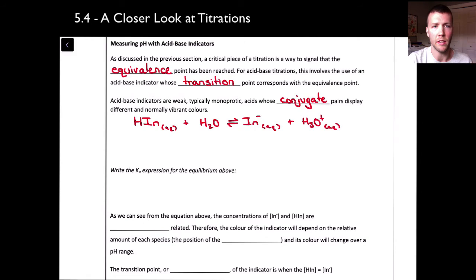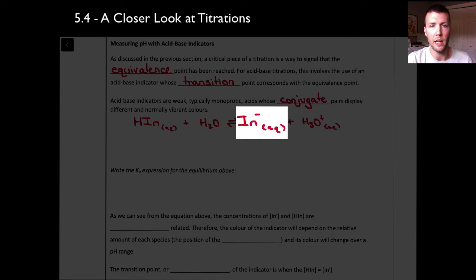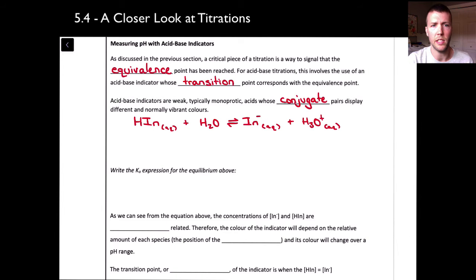As we can see, there's a protonated state and a deprotonated state. And what's special about acid-base indicators is that this protonated and deprotonated state will have different colors. So we can see an observational change when the equilibrium changes position.